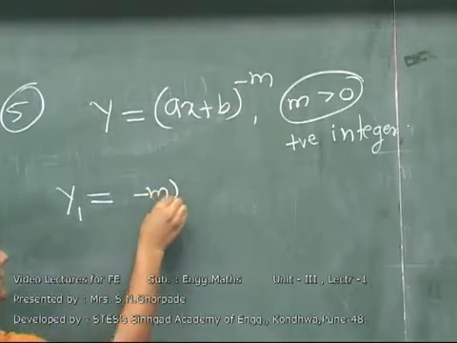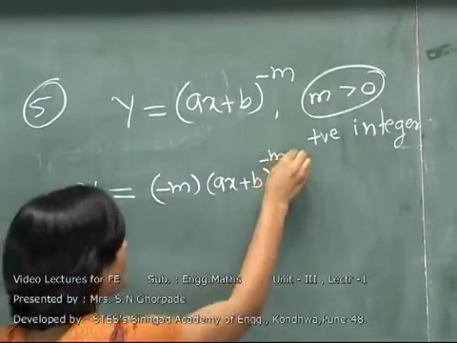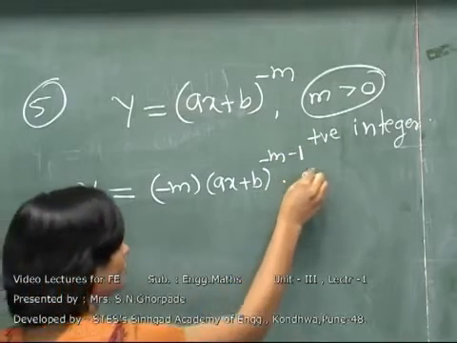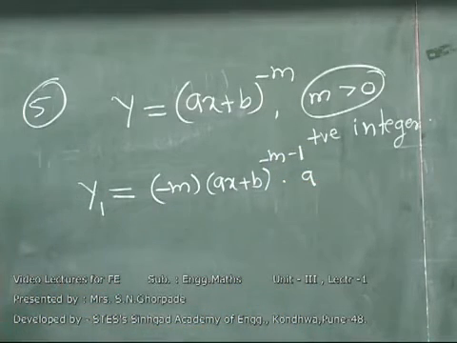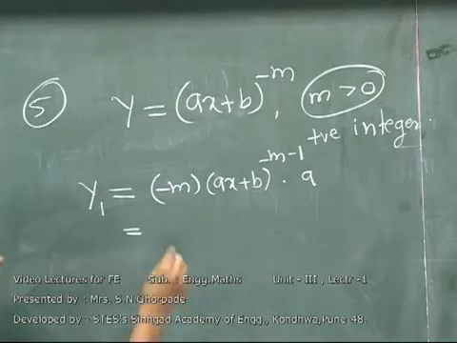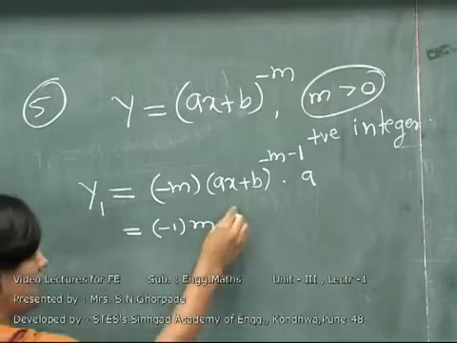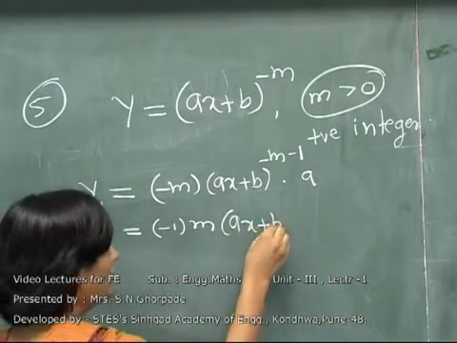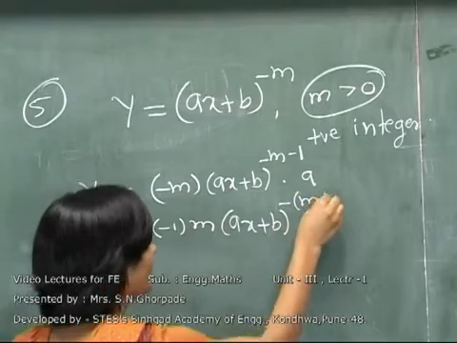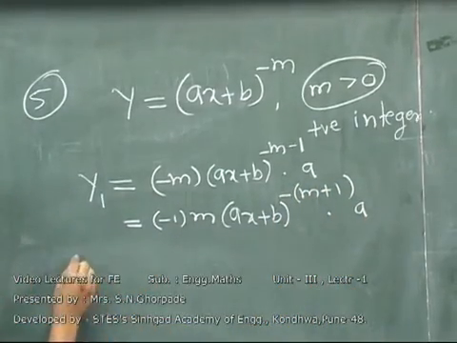Minus m times ax plus b raised to minus m minus 1 into the derivative of ax plus b, which is a. We'll write this as minus 1 into m times ax plus b raised to minus of m plus 1 into a. Then find y2.